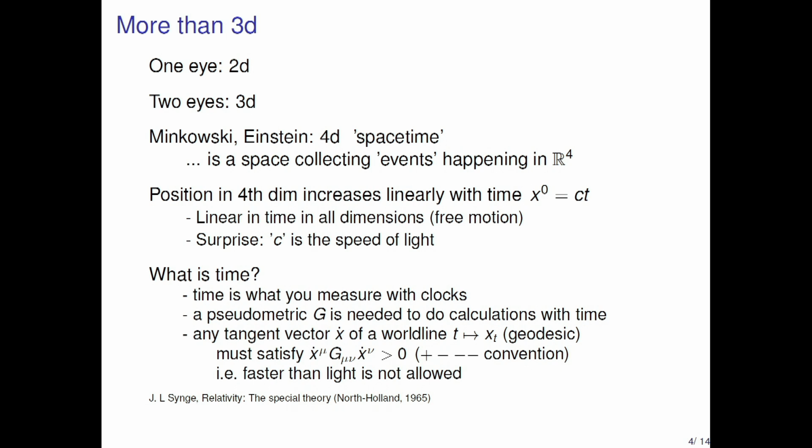And so part of Einstein's theory is a theory about clocks, explaining what is time, what you measure with a clock. And it turns out that to describe a clock you need a pseudometric.